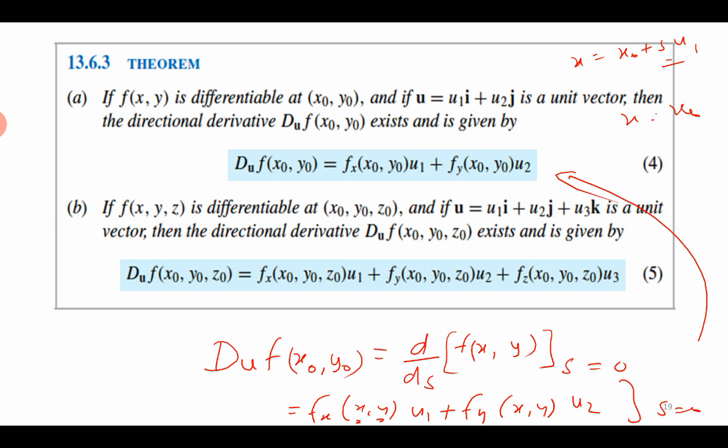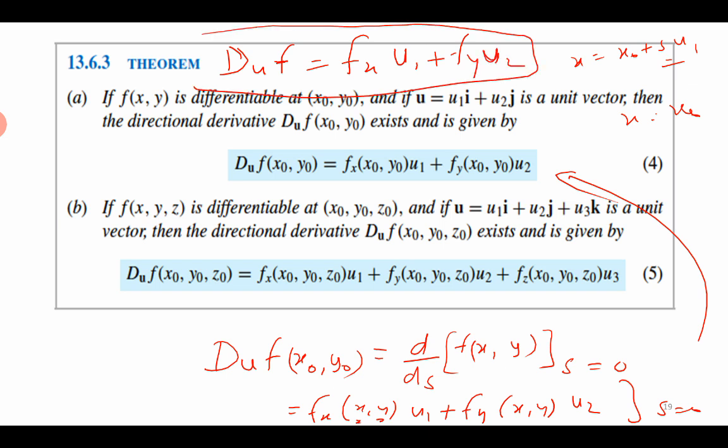So very simply, how do you remember this formula? The directional derivative of f in the direction of u is fx u1 plus fy u2. You remember u1, u2 are the components of the unit vector u, and fx and fy are the partial derivatives of f in the direction of x and y.